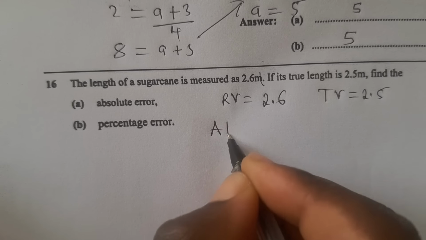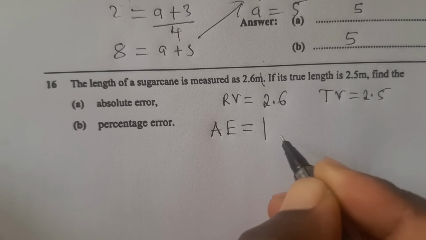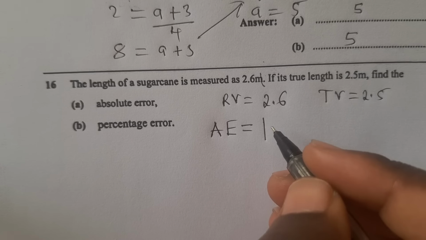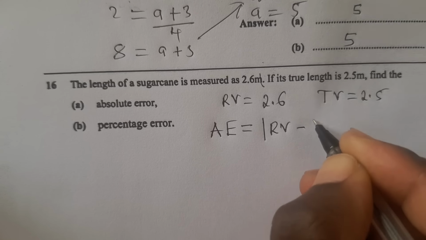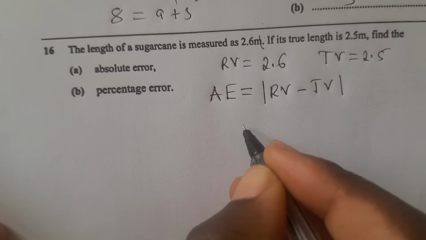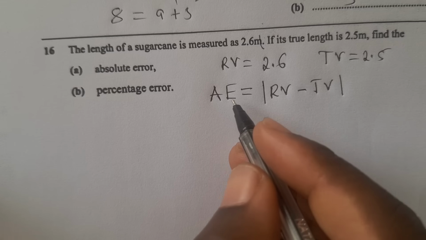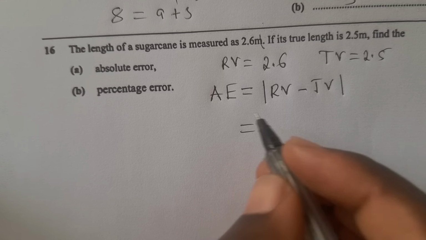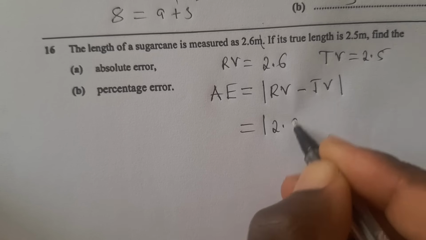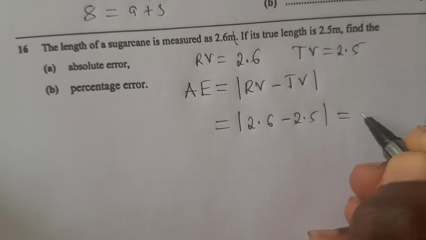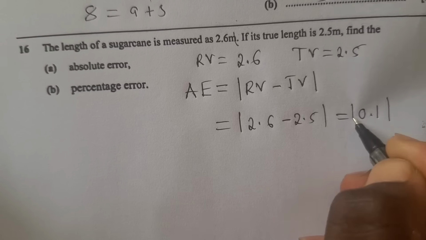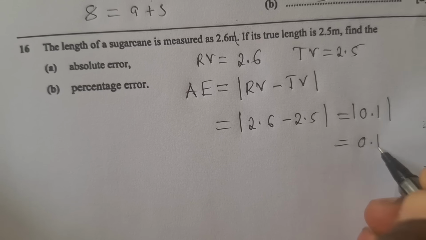So absolute error is equal to the modulus of RV minus TV. This is how we find AE, which is absolute error. So this will be 2.6 minus 2.5, and it will give us 0.1.